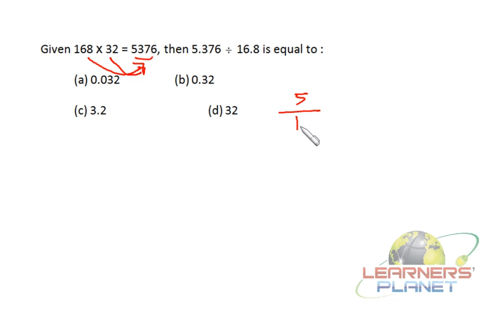Now it is 5 by 16. Suppose I take up the approximate value. So 5 by 16 will be something around 1 by 3, that is 0.33. So the decimal will be just immediately before 3, that is this option must be correct. We cannot get the answer as 3.2 or 32 since the numerator is less than the denominator. Okay friends, I hope you are clear with the concept.